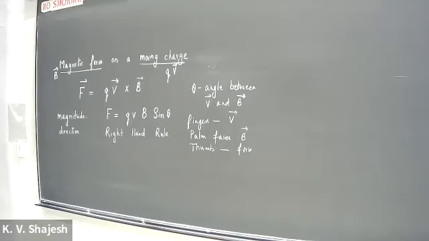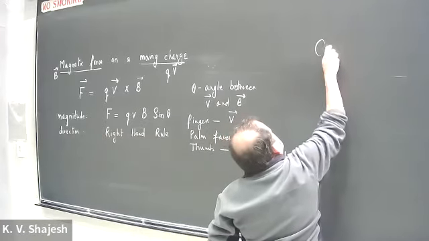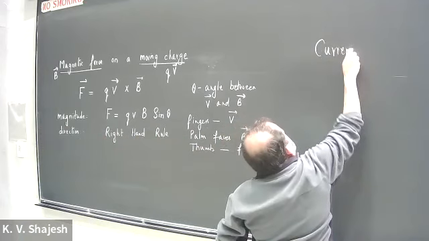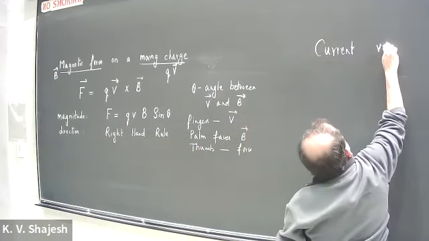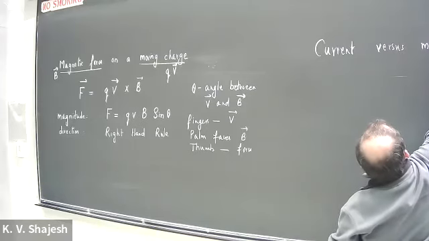So current is basically a moving charge, or a set of moving charges. You expect that this force should affect the current carrying wire. So let's talk about a current versus a moving charge. What's the connection between them?